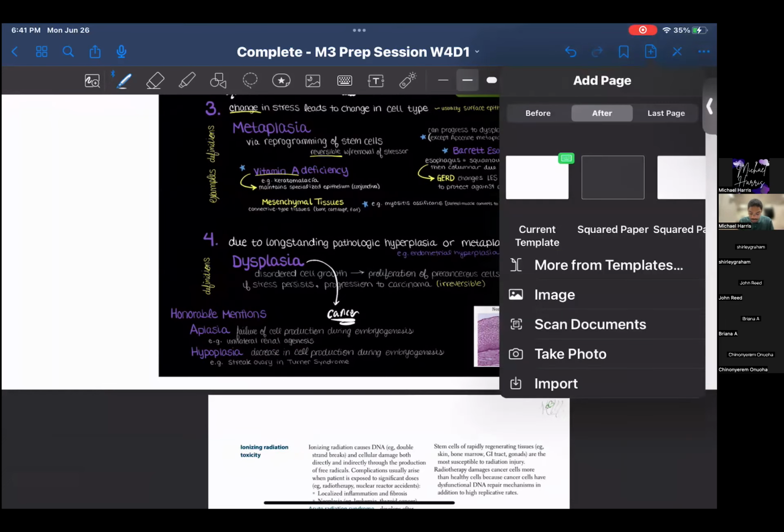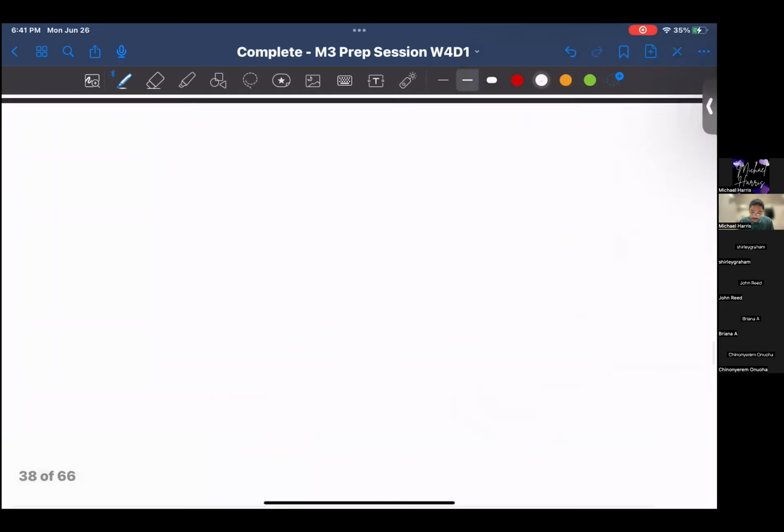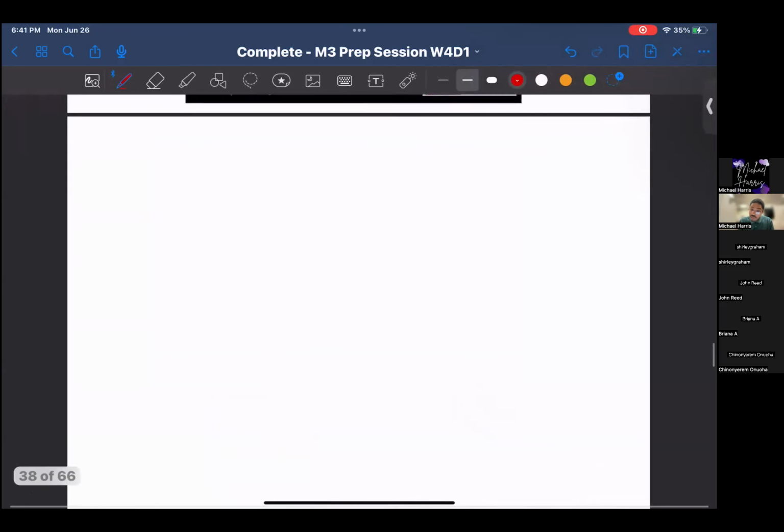So, with that being said, this is almost like a forward image into neoplasias. There's two different ways you get cancers. You get it via hyperplasia, which then moves to dysplasia, abnormal cell growth, which then leads to cancer.